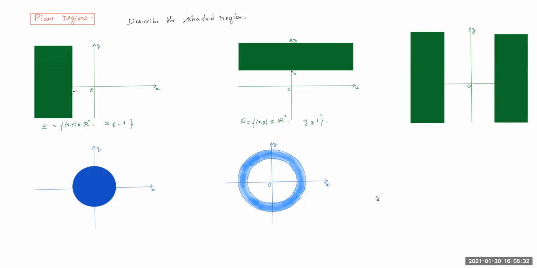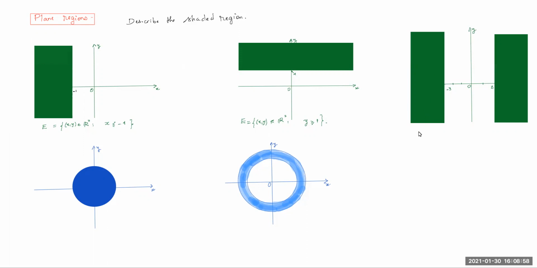Now, here we have two parts in my shaded region. Let's say, for example, I have here -3 and here 2. Suppose that we have 2 units and here 3 units, -1, -2, -3. So I'm here at -3.